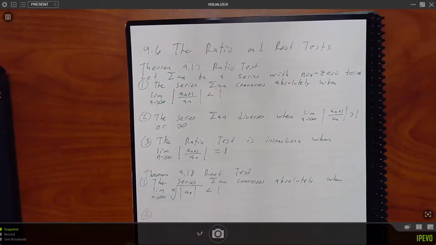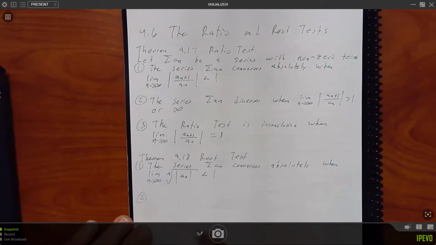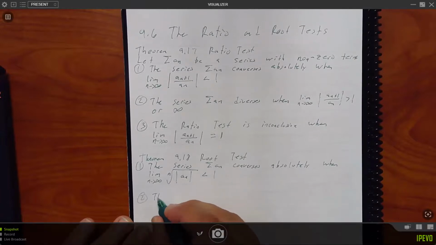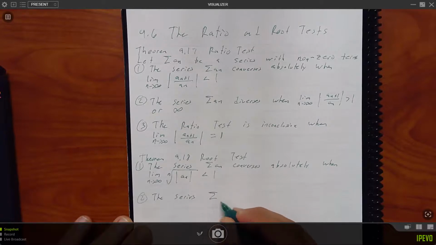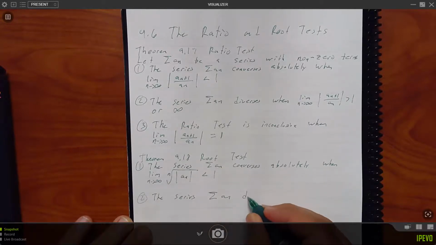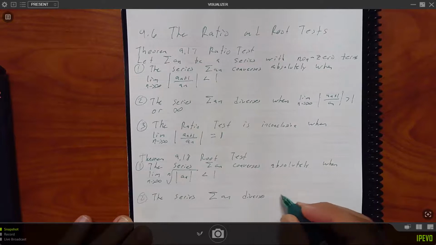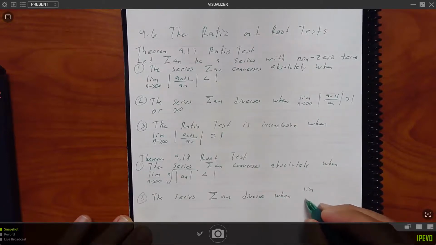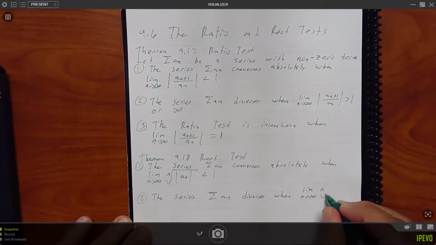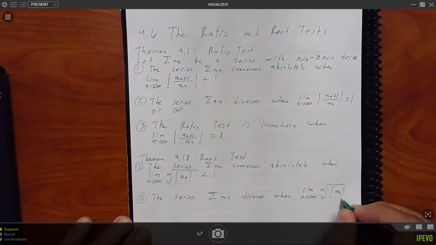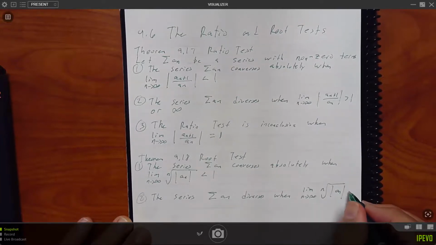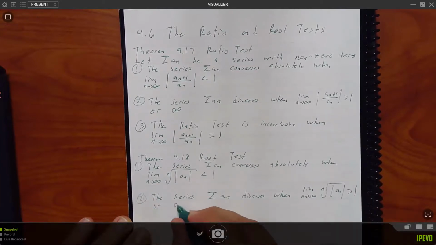Number 2. The series a sub n diverges when the limit as n goes to infinity of the nth root of a sub n is greater than 1 or infinite.